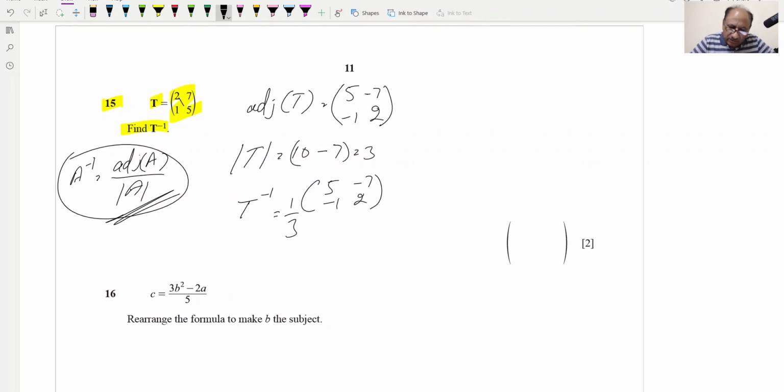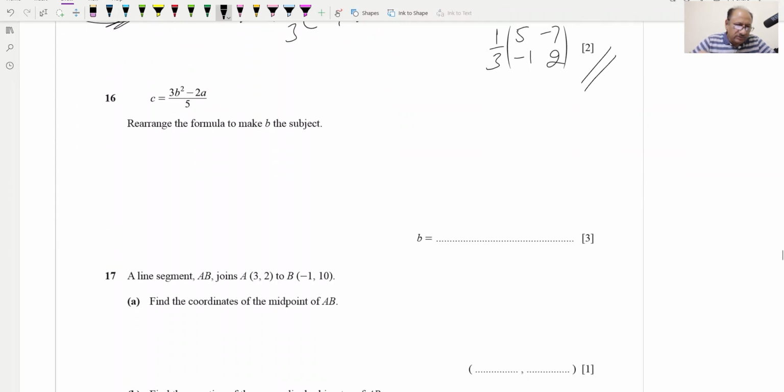So we can write over here, 1 over 3 and 5, minus 1, minus 7 and 2. This is 2 marks part which we are done.